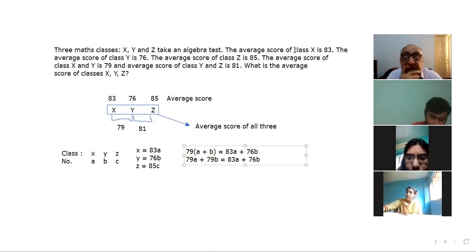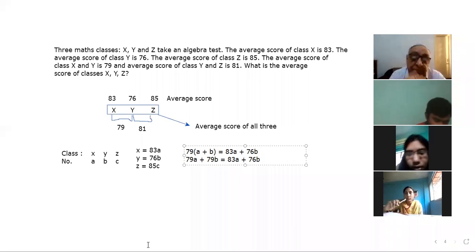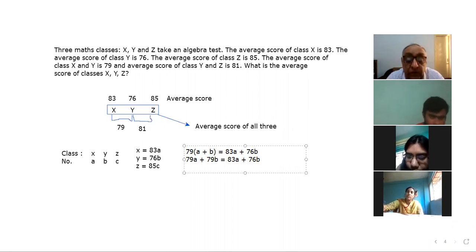Okay, 79 times A plus B, beta. 79 is the average score of classes X and Y. The total score of classes X and Y will be the average score, 79, multiplied by the total number of students in both the classes. That's the point. So from this, what we get here is that 3B is equal to 4A.